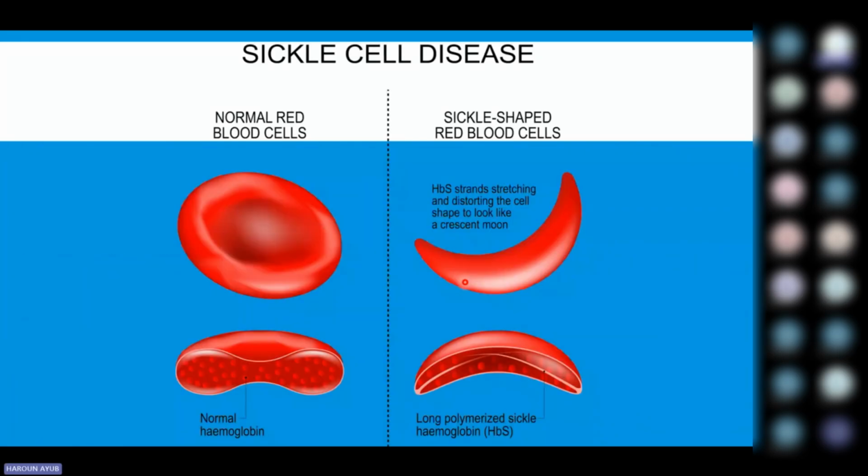In a nutshell, this is the overview of the normal red cells and the normal hemoglobin forming this particular shape, while the sickle cell shaped hemoglobin will form HbS. This sickle cell kind of shape is what we are referring to as hemoglobin S, and you will see that it affects the hemoglobin inside that particular red cell.